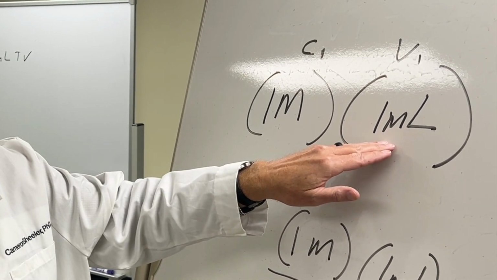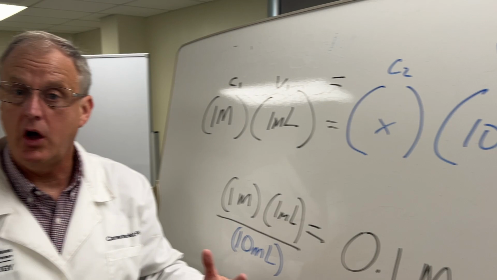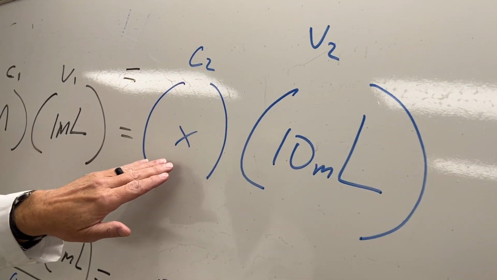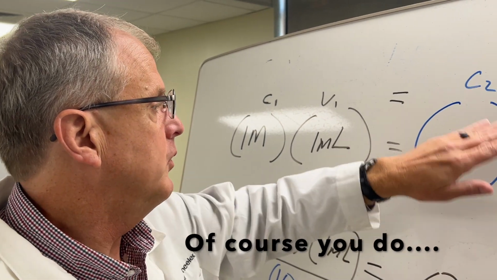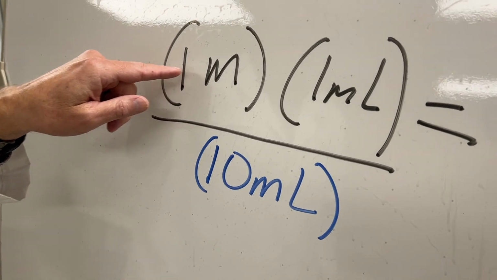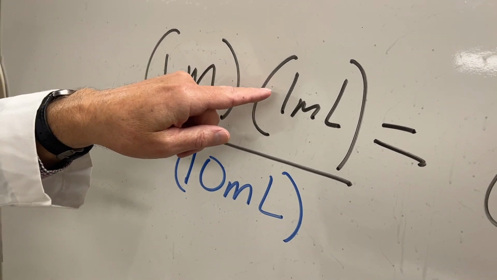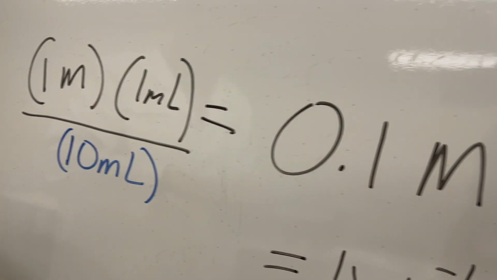We're taking 1 milliliter of that, and we're going to add it such that the total volume will be 10 mils. So we have no idea what the concentration is. Actually, I do. But if we rearrange this, solve for X, solve for the concentration, we've got 1 molar times 1 milliliter divided by our 10 milliliters gives us a number.